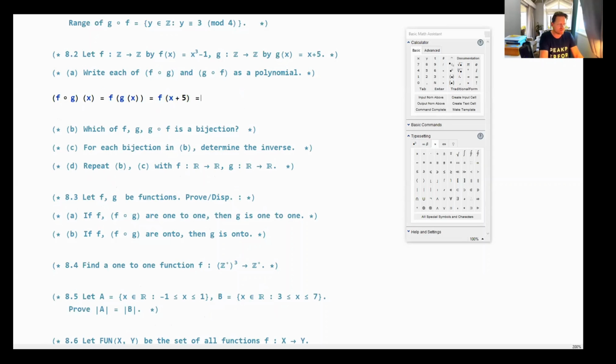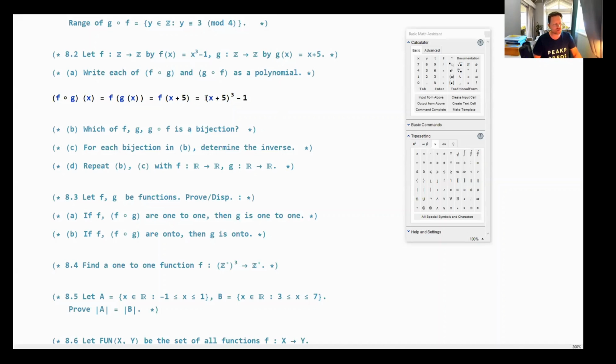And then we simplify that. So remember what this does, f cubes and then subtract 1, except I want to put the bracket here because I want to sub in where the x was, I want x plus 5.